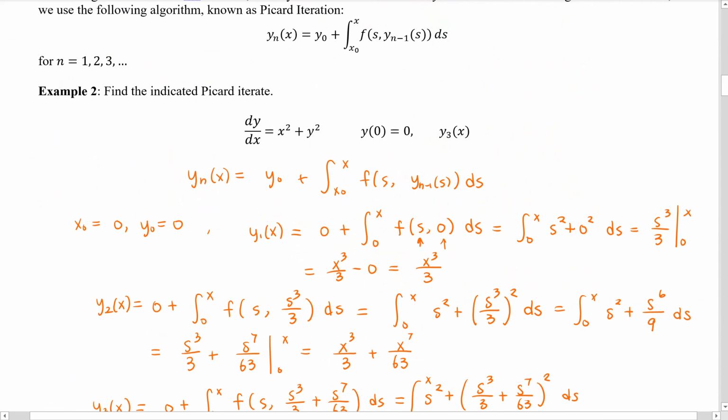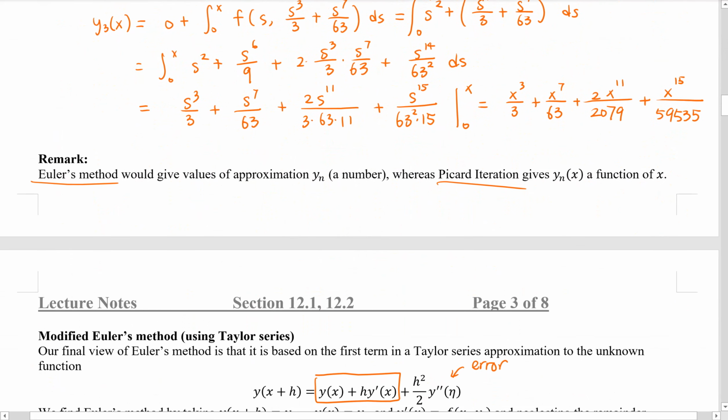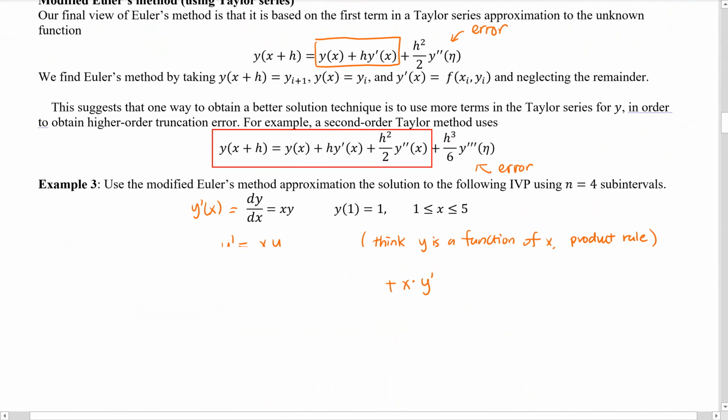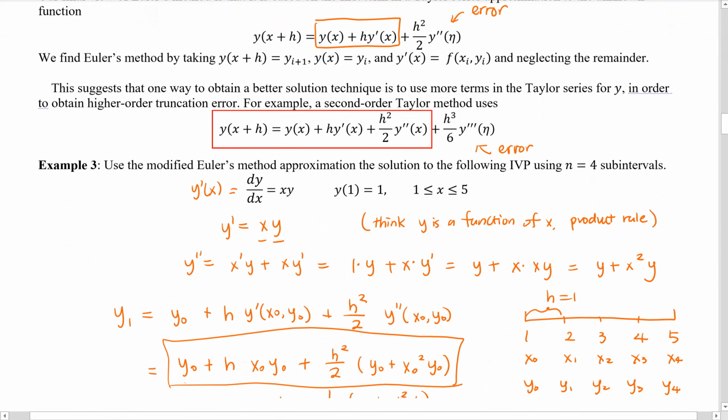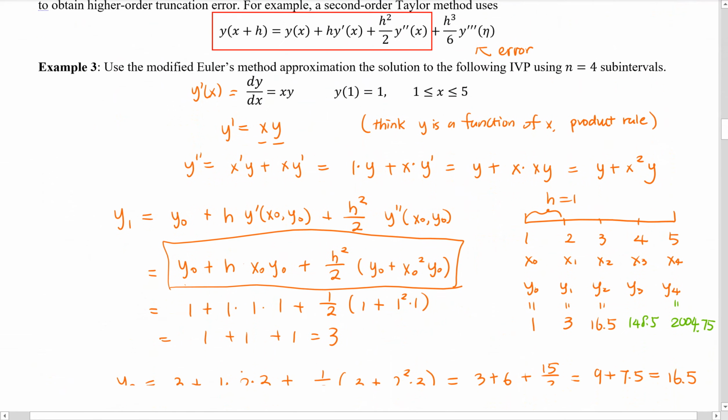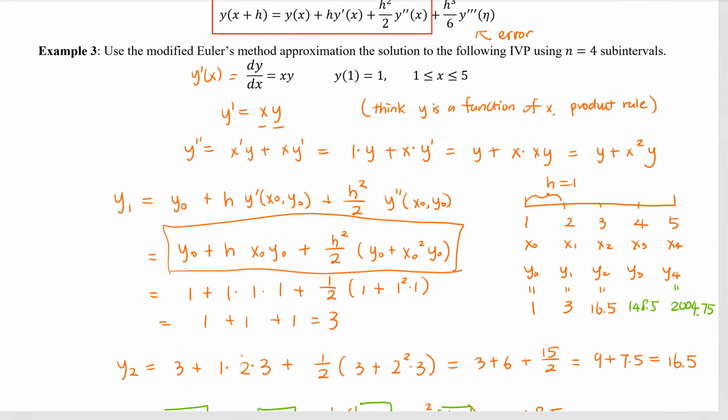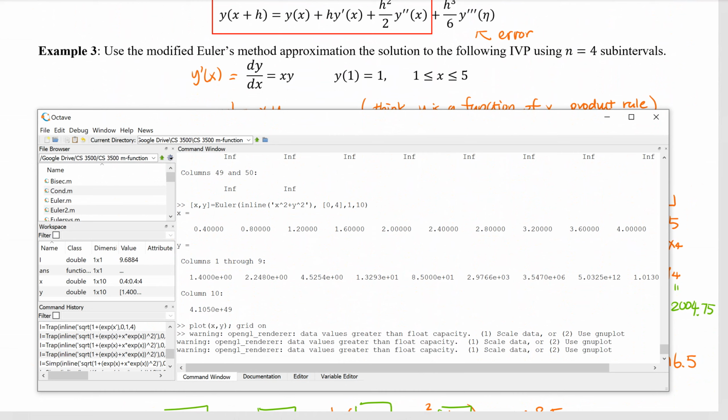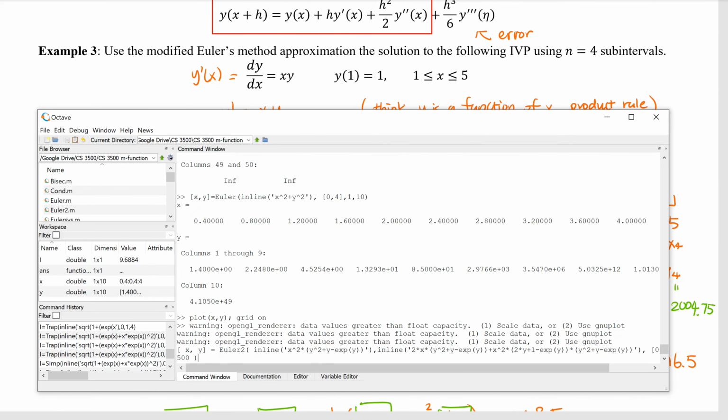Let's continue. So Picard iteration, we won't be able to check that because it's a function, it's not a number. Okay, it's a function of x, like a list of functions. And let's check this example. So here we have the modified Euler, with 4 steps.